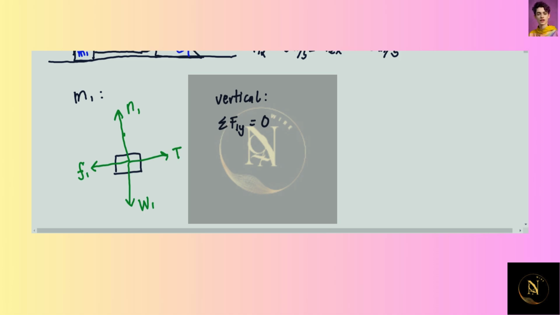And the forces in this plane are the normal force plus negative the weight. It is negative since it's opposite the normal force. Then simplifying, the normal force is equal to the weight of mass 1.